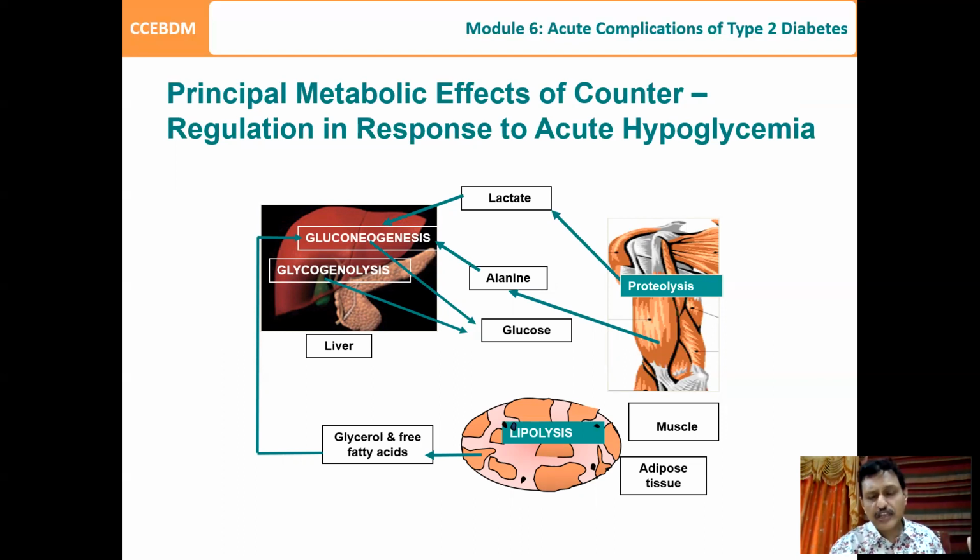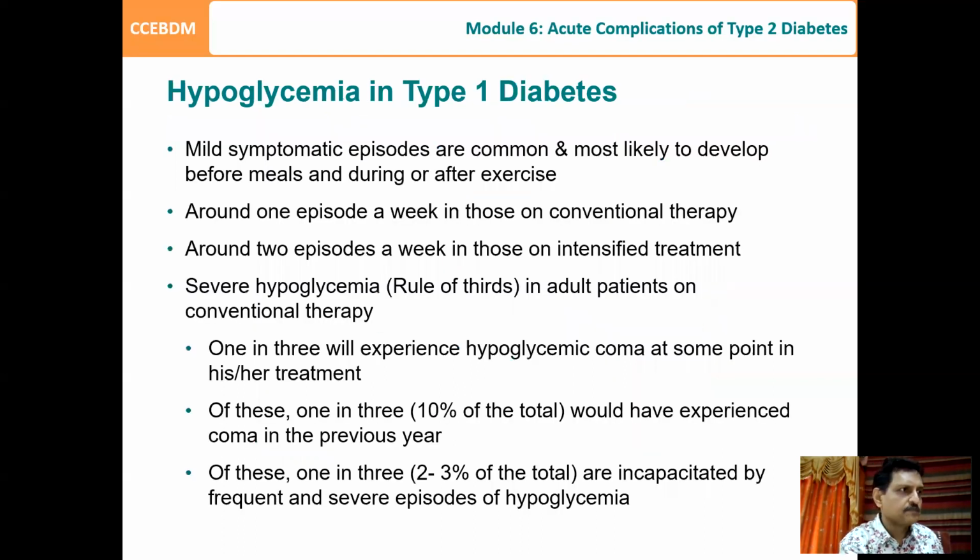In the muscles, they cannot produce glucose, but they produce lactate, which indirectly produces glucose. In the liver, glycogen breakdown directly produces glucose, so that is glycogenolysis. This is the method by which the body tries to correct the hypoglycemic insult.